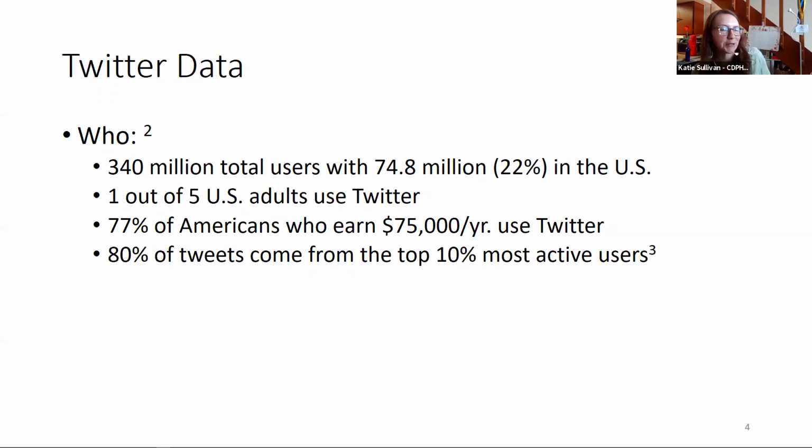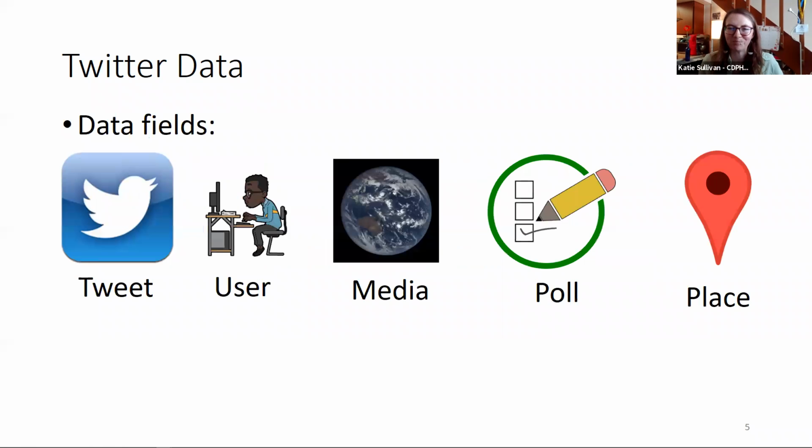So depending upon how your queries are structured, you may not be getting a variety of tweets from a lot of different users, but are instead getting the tweets of a small subset of users. So you have to structure your query carefully to make sure that maybe doesn't happen. Obviously there are limitations to take into consideration if you're considering using Twitter as a data source.